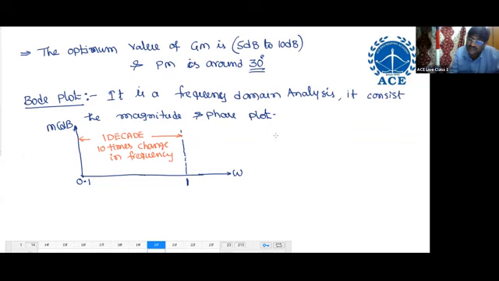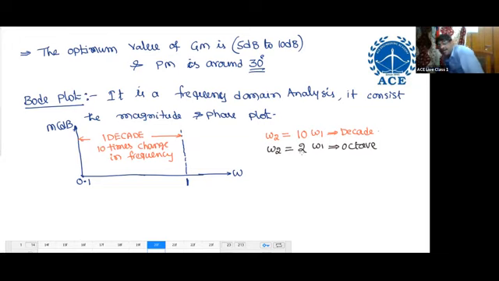If omega 2 is the final frequency and omega 1 is the initial frequency, they are related by 10 times in a decade. Whereas in an octave, omega 2 and omega 1 are related by 2 times. Don't take 8 times, 2 times only.